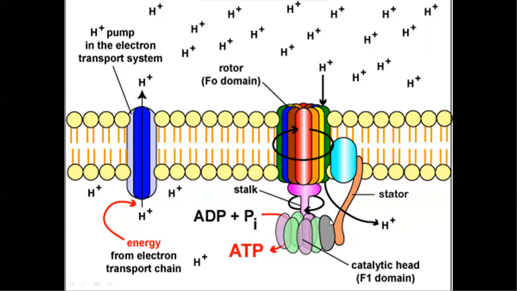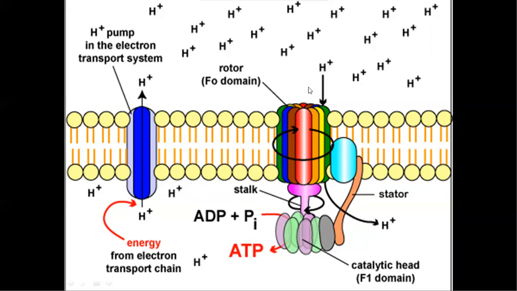And the second domain is called the F1 domain. This domain is useful for catalyzing ATP. So ATP will be synthesized at this region. But here is one important condition: ATP will be synthesized only in the presence of H plus ions.